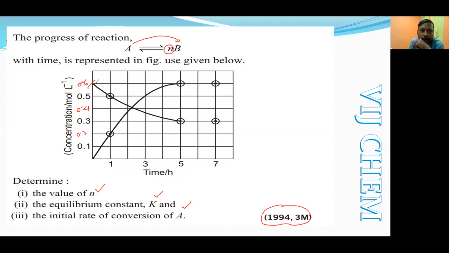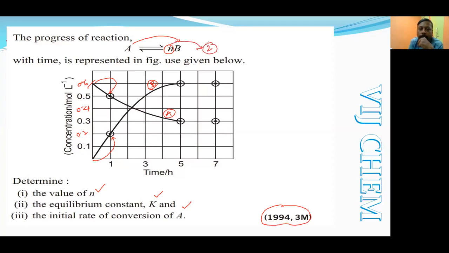So once A is decreasing by 0.1, at the same time B is increasing how many times? 2 times it is increasing. This is the graph with respect to B, and this is the graph with respect to A. So once A decreased by 0.1, B increased by 0.2. That means here how much should it be? 2.